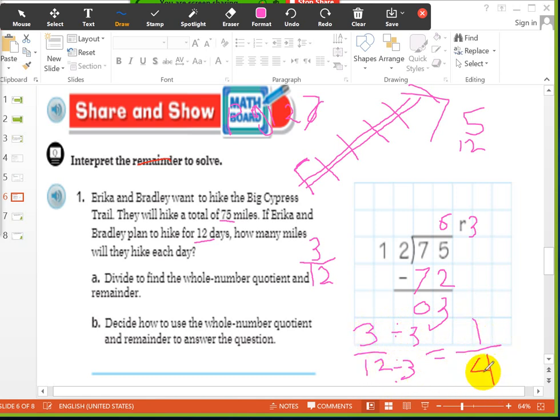So I have 1 over 4 for each day. So the number of miles in each day will be 6 and 1 over 4 miles. This is the number of miles, okay?